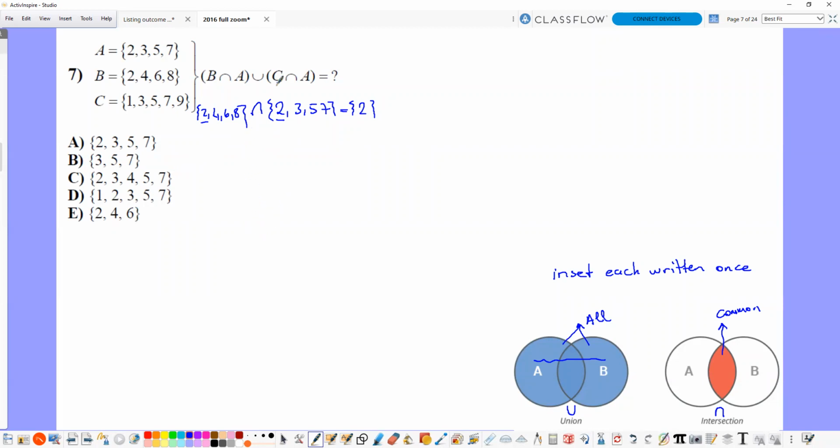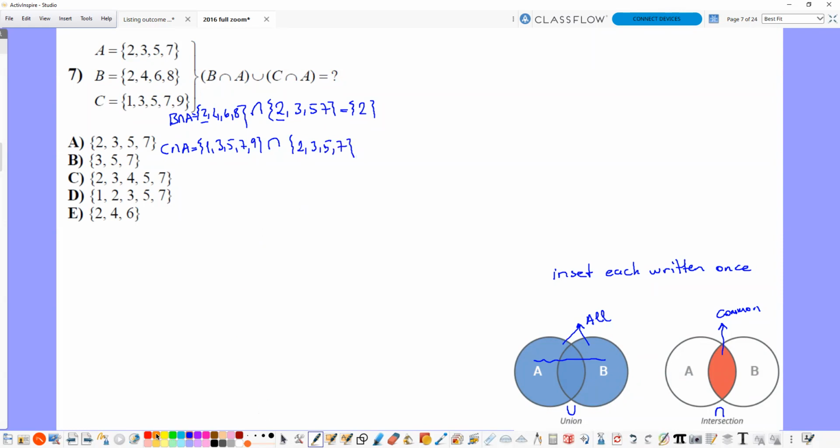Okay. So C intersection A, C is 1, 3, 5, 7, and 9. Intersection, this is C intersection A. Going to be equal to, here 1, 3, 5, 7, 9, and A is 2, 3, 5, and 7.